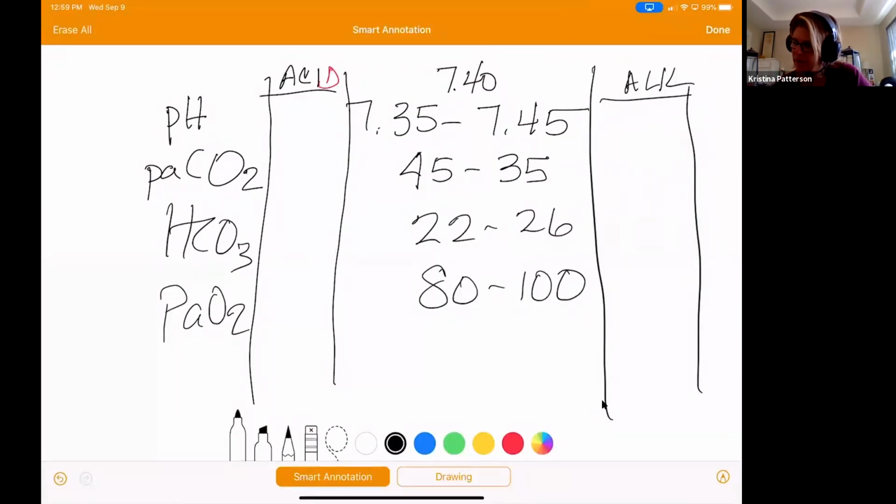Everything on the high side is acidotic, and that's exactly why we did this flip. Everything on the high side is acid and everything on the low side is alkaline.